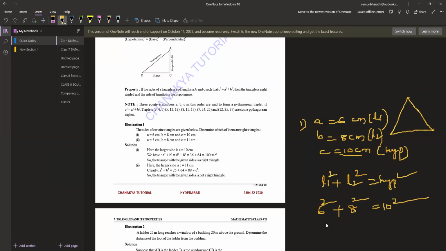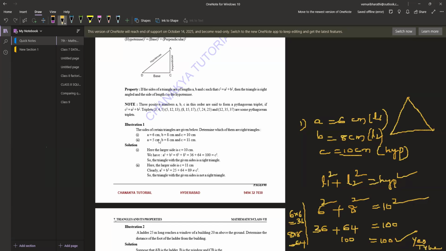Let me check whether both sides are equal. 6 square is 36, 8 square is 64. 6 into 6 is 36, 8 into 8 is 64. It will be 100. And 10 square is once again 100. 100 equals 100. Yes, it is true. So it's a right angle triangle.